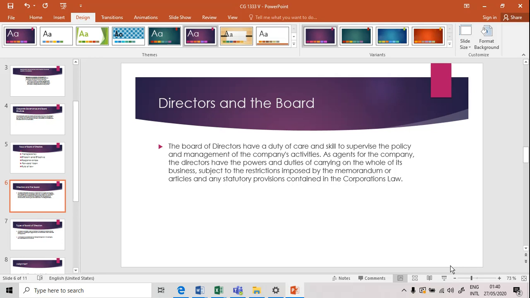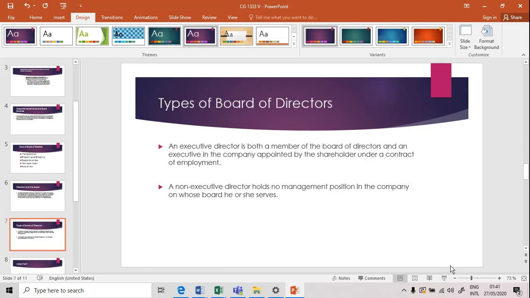As agents for the company, the directors have the power and duties to carry on the business, subject to the restrictions imposed by the memorandum or articles or any statutory provisions contained in the corporation's law. Now, can you identify the types of board of directors? We have the executive and the non-executive board of directors.